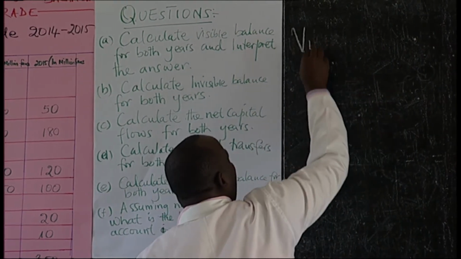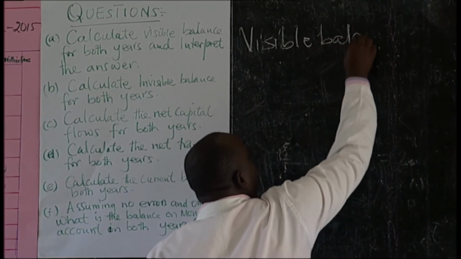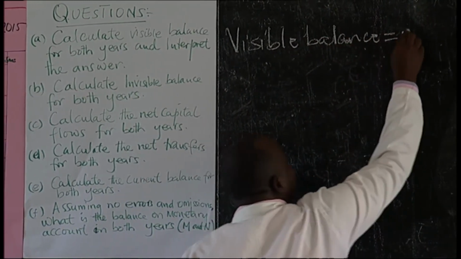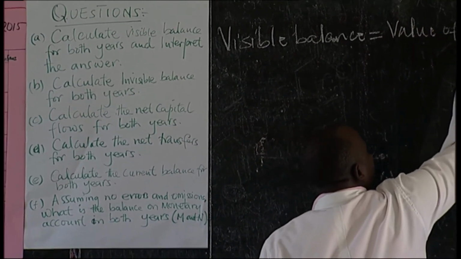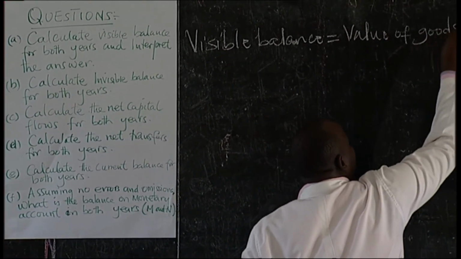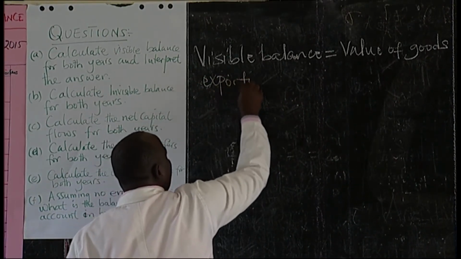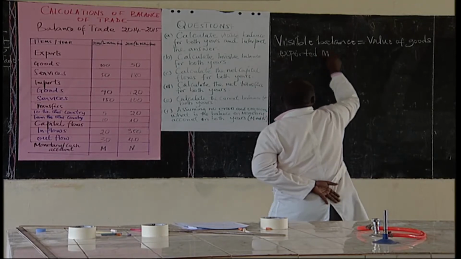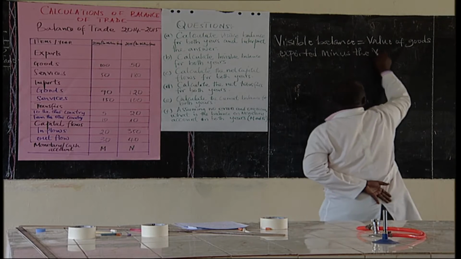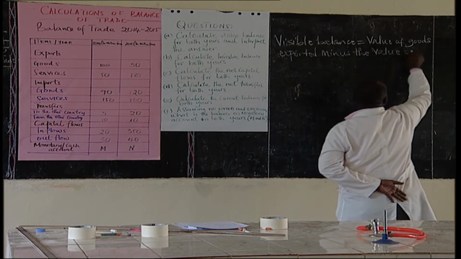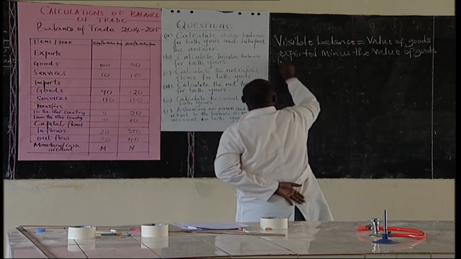Now, the visible balance is equal to the value of goods exported minus the value of goods imported.